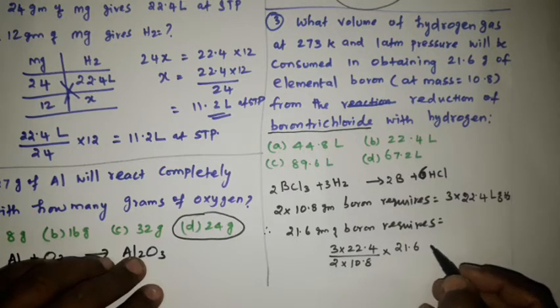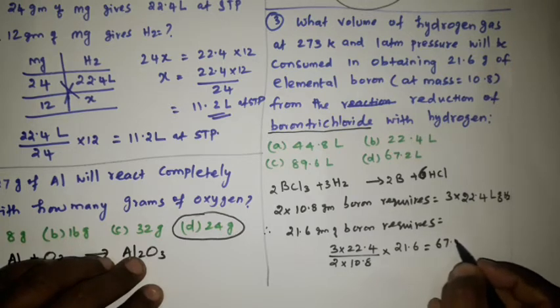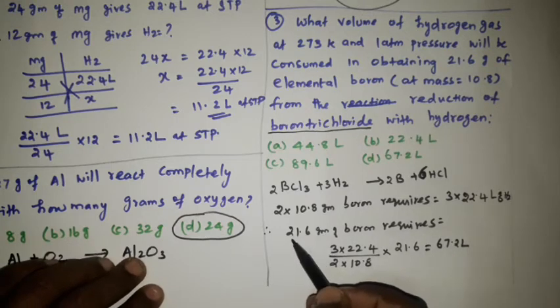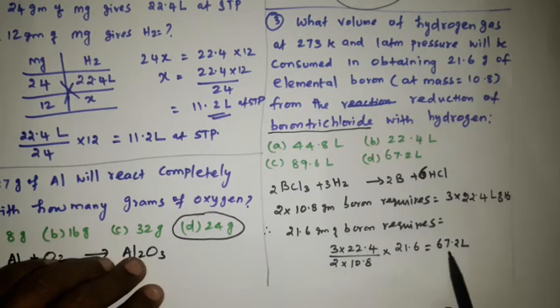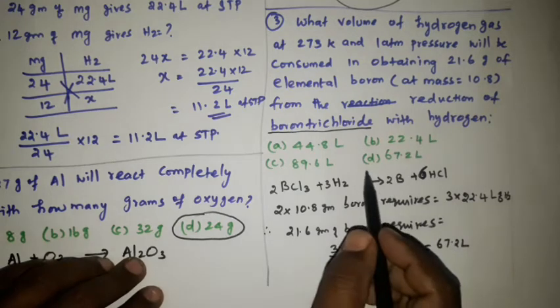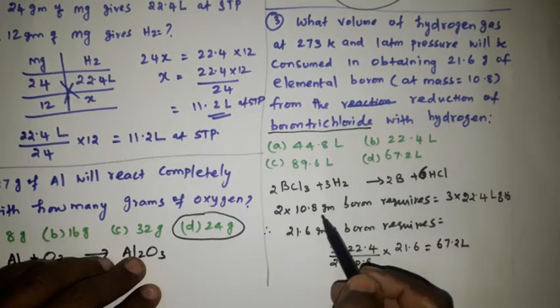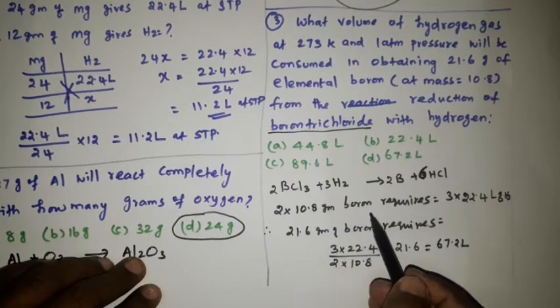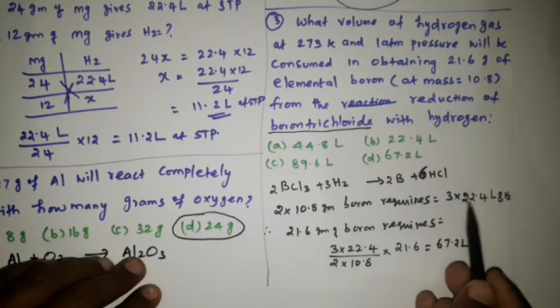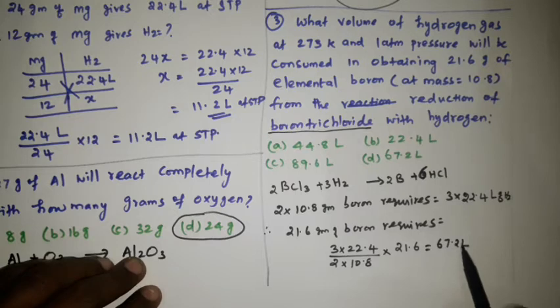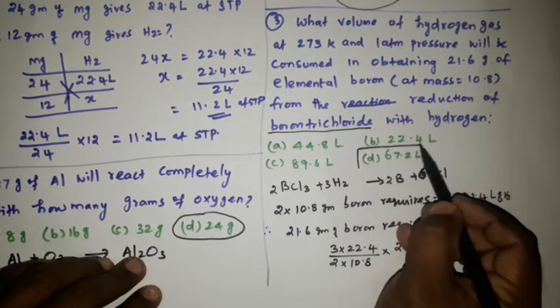After cancelling you will get the answer, 67.2 liter. So this 21.6 gram of boron requires 67.2 liter of hydrogen. Clear? So the answer is option D.